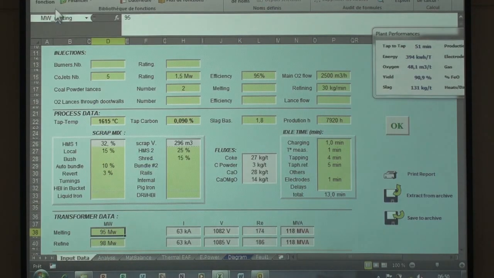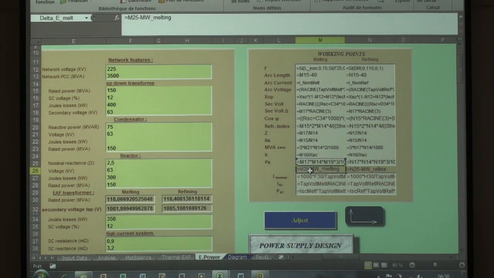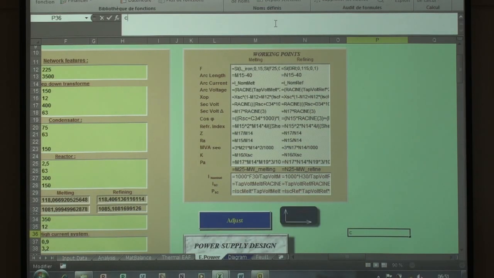Here, this is the megawatt melting. So I make here the difference from this value to the megawatt melting, here for refining. And the solver will try to put this value to 0 under constraints. Constraints mean under conditions.